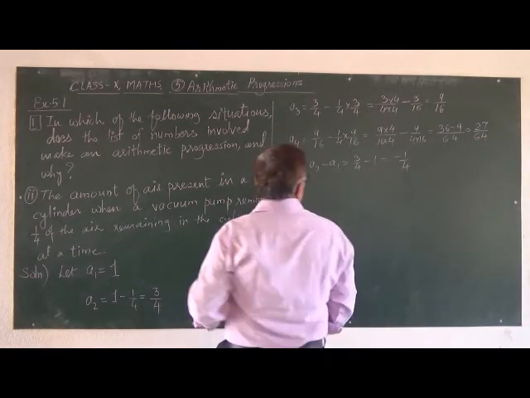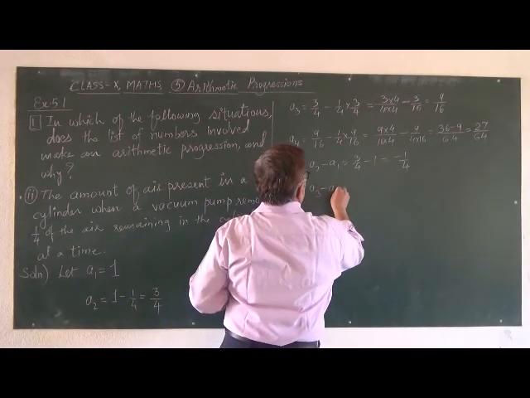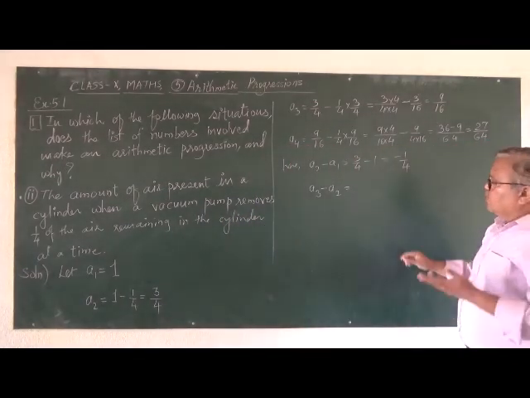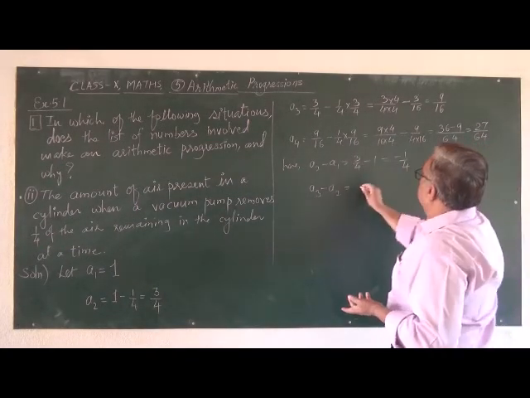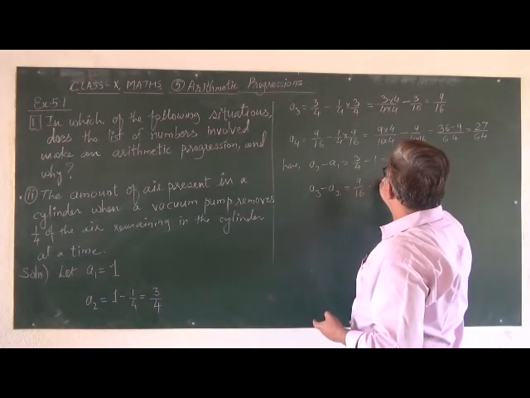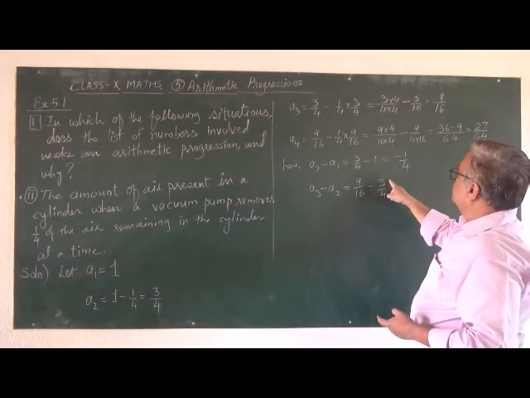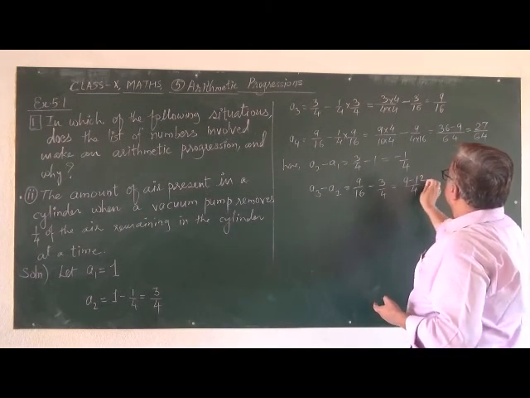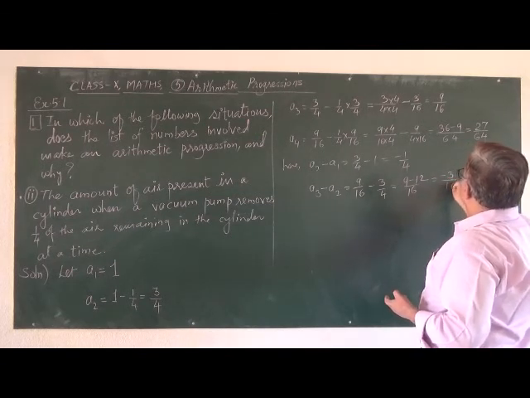Now what to do? Second term and third term. Subtract A3 minus A2. Always subtract the earlier one from the later one. A3 is 9/16 minus A2, which is 3/4. So multiply by 4 in numerator and denominator: 9 minus 12 upon 16 is equal to minus 3/16.